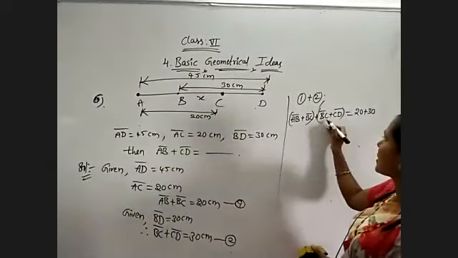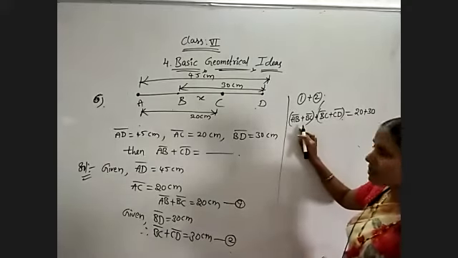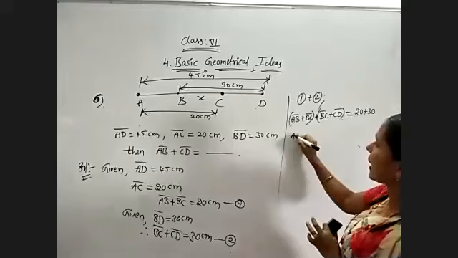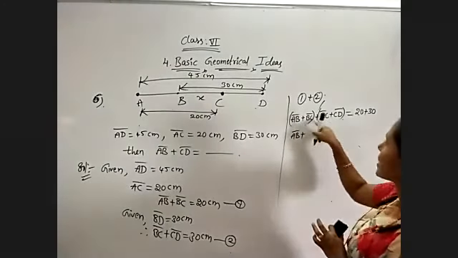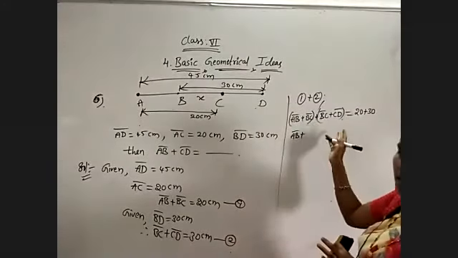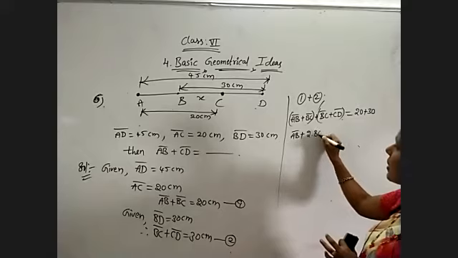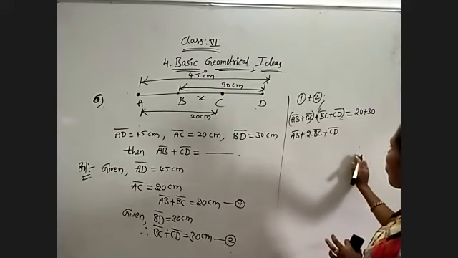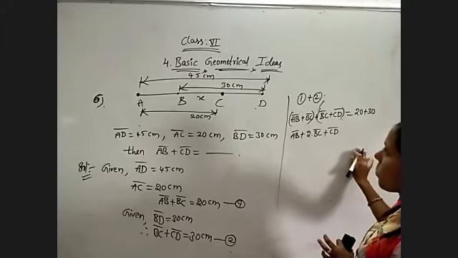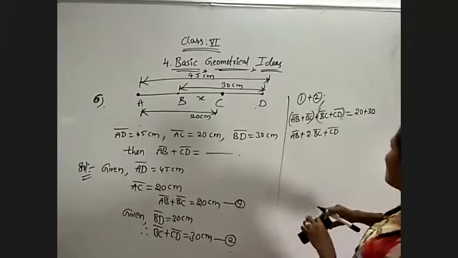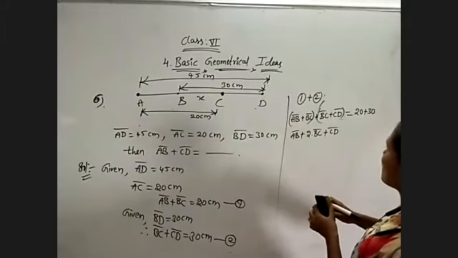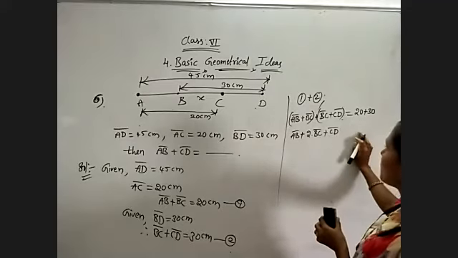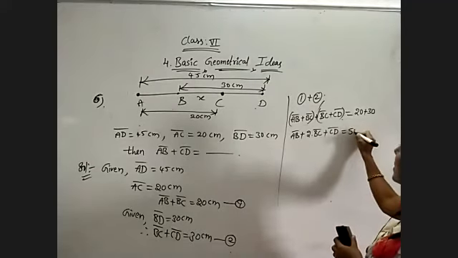Now simplify the left side: AB plus, 2 BCs are there, BC plus BC plus CD is equal to 50 centimeters.